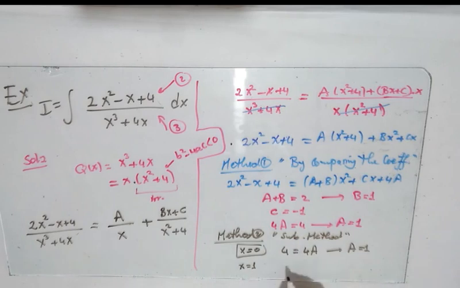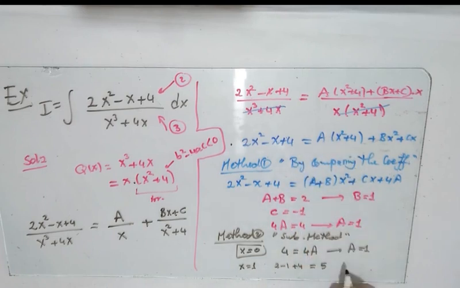Okay, so if you choose x equals 1, the left hand side will be 2 minus 1 plus 4, and the right hand side, since we know now a is 1, will be 5 plus b plus c.